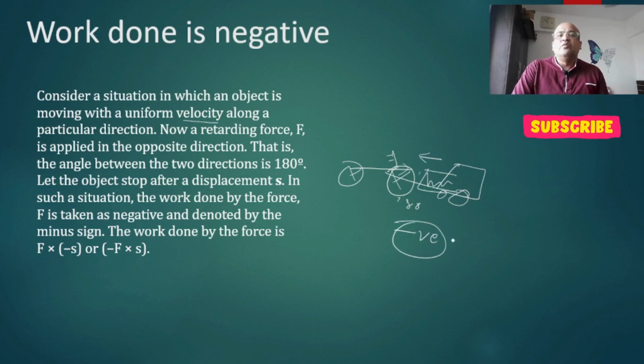So the work done by the force in this situation is nothing but F into minus S, or minus F into S. So that's the reason we can say that the work done is negative.